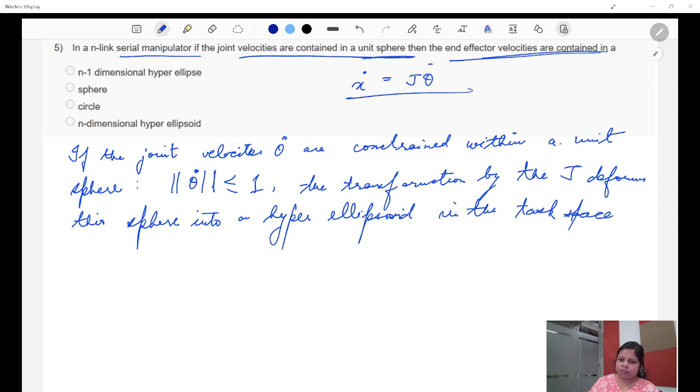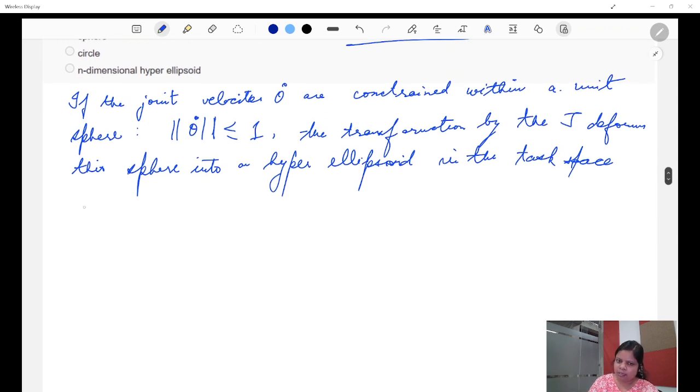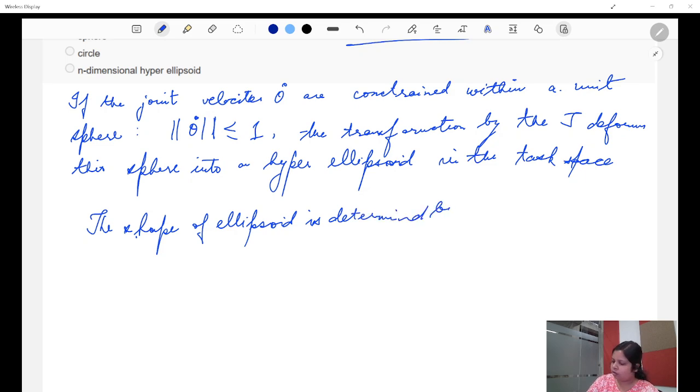Okay, and how is that defined? The shape of the ellipsoid is determined by the singular values. You already know this, right?